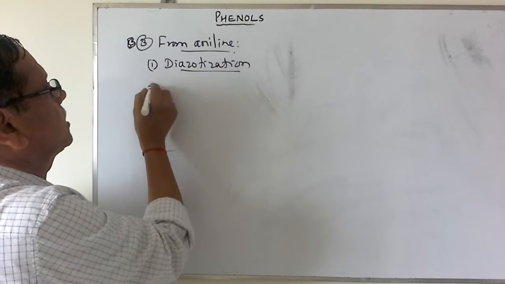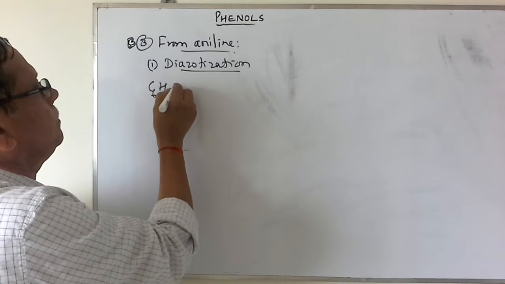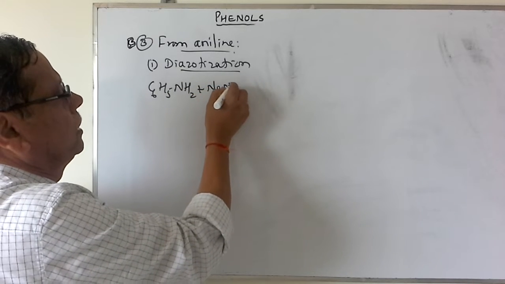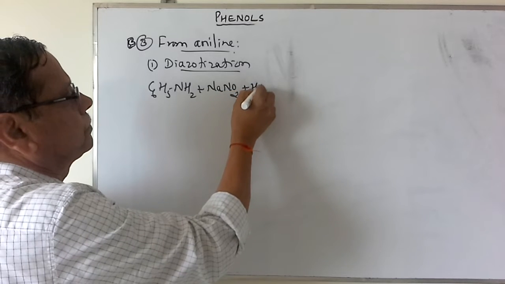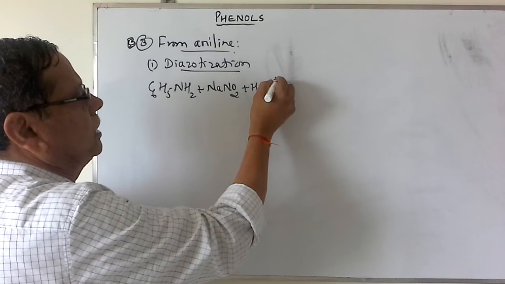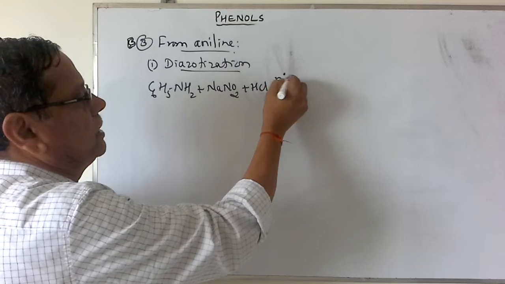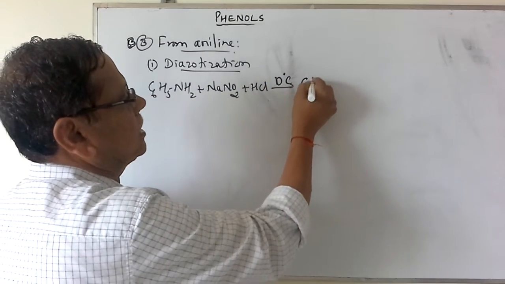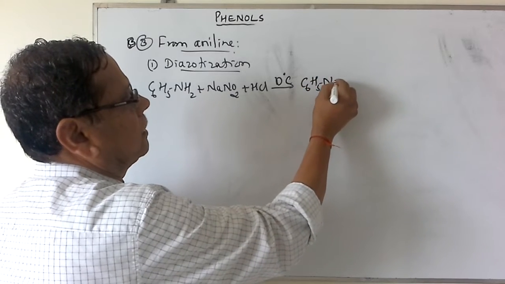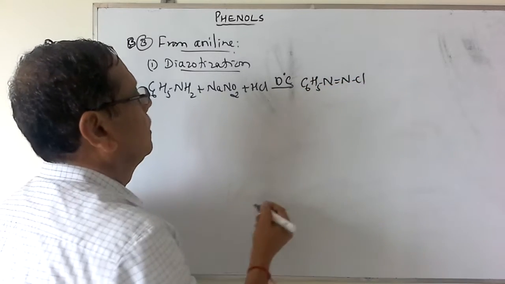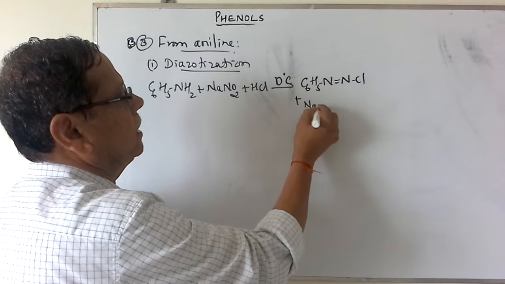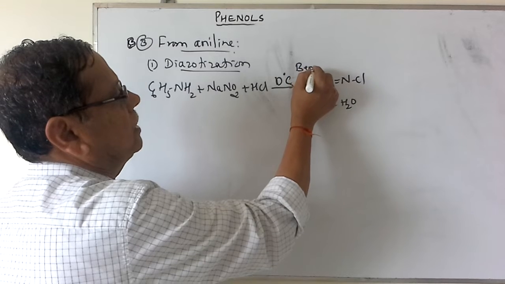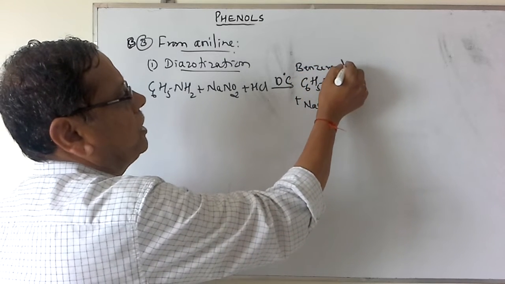When this aniline is treated with sodium nitrite, NaNO2, and HCl in ice cold condition, that is 0 degrees Celsius, it gives rise to a product, C6H5N=NCl, along with the formation of NaCl and water. So this compound is named as benzene diazonium chloride.